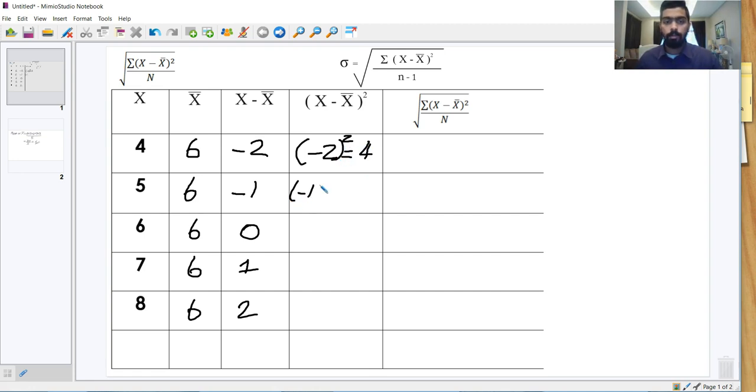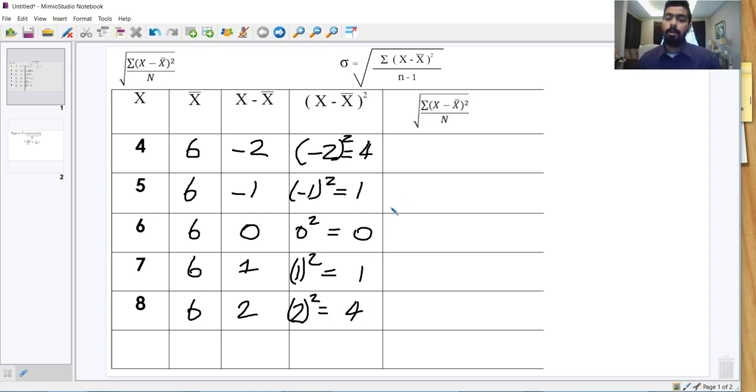Negative 1 to the power of 2 gives us 1. 0 to the power of 2 is 0. 1 to the power of 2 is 1. And 2 to the power of 2 gives us 4.